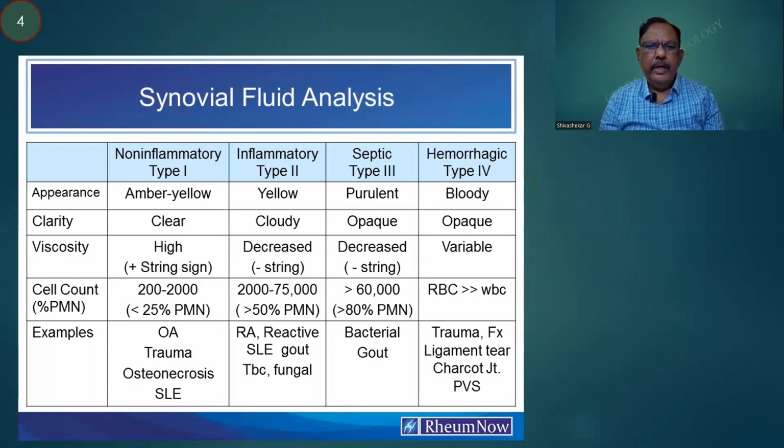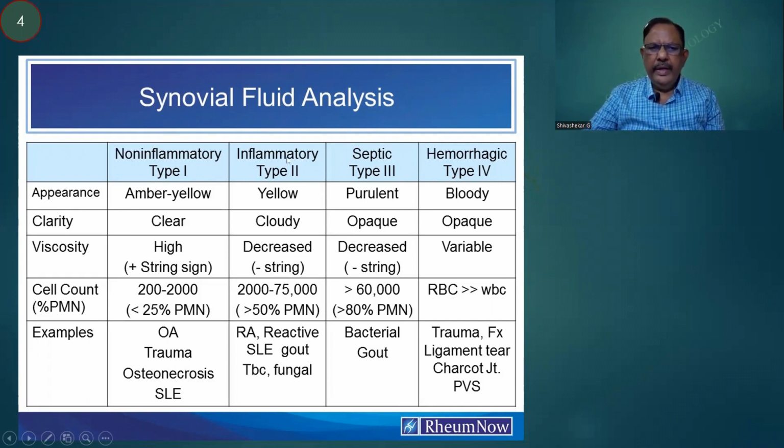This we shall rapidly go through, because it will be mandatory for you to mention it, even though the question is synovial biopsy. Just like any other fluid, you have the various components such as appearance, clarity, viscosity, cells, and examples.